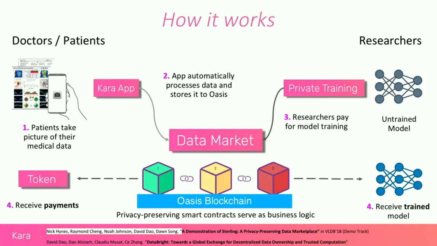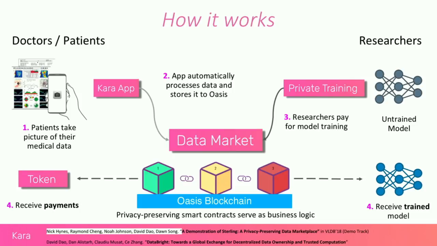The smart contract can also specify terms of use, for example, how users may get compensated for contributing their data to the smart contract. Users and patients can also specify their own privacy requirements for their data. And if they agree to the terms of use of the smart contract developed by the medical researchers, then they can contribute their data to the smart contract.